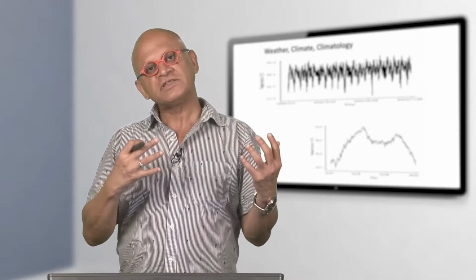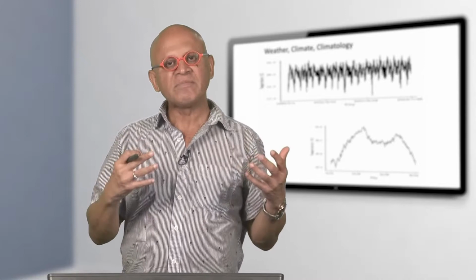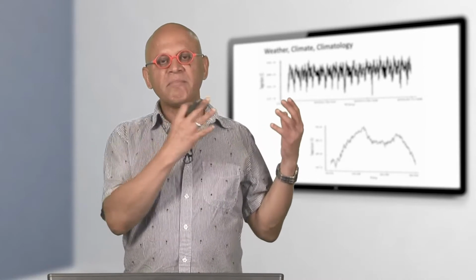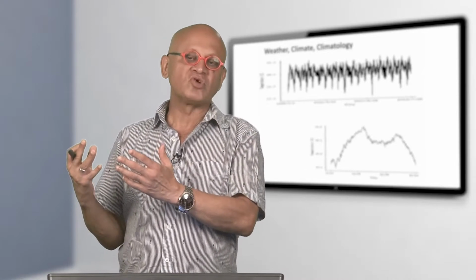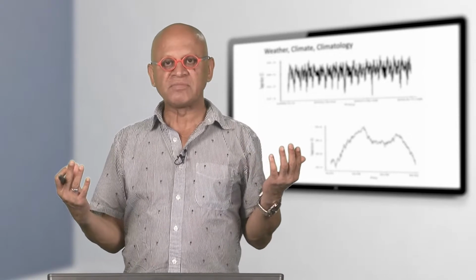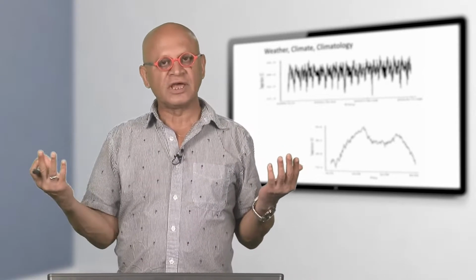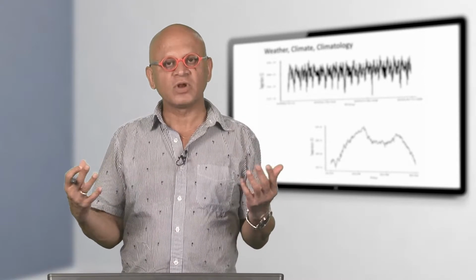So, weather is kind of what you are used to getting on a day-to-day basis, but climate is what you expect. You expect May 30th to be warmer than July 30th over most parts of India, but on a given day it might just happen that May 30th may well be cooler than July 30th. So, climate is what we expect, weather is what we get.